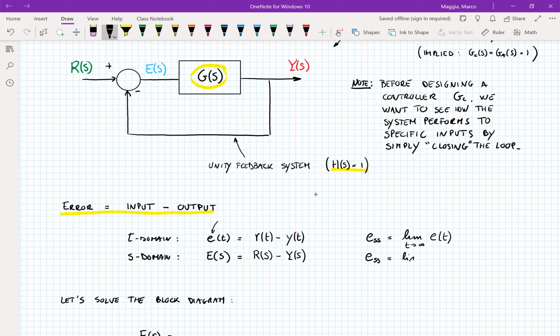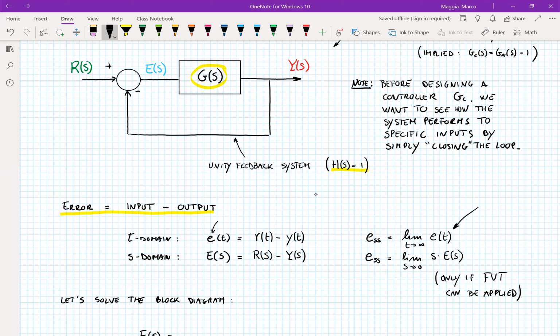That is, we can take the limit for s that goes to 0 of s times E of s. Of course, this is valid if and only if the final value theorem conditions are met. Because if not, you'll have to just go with the time domain definition.